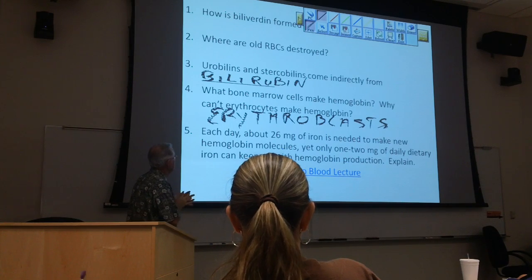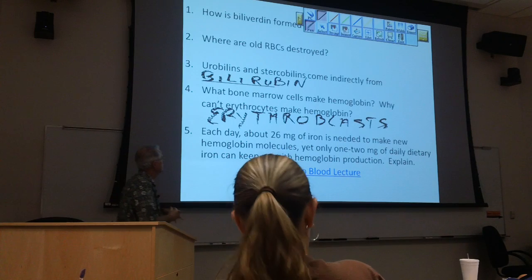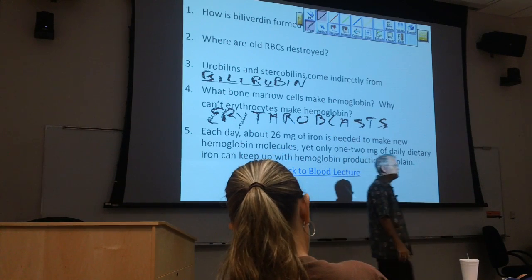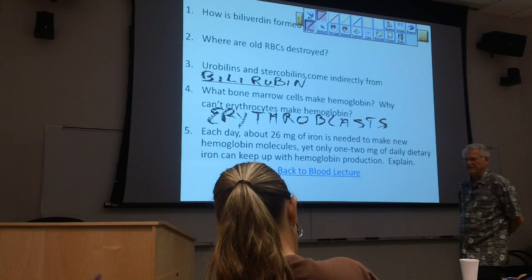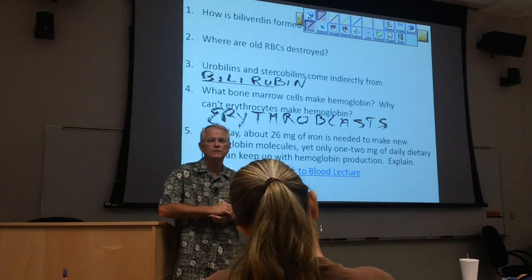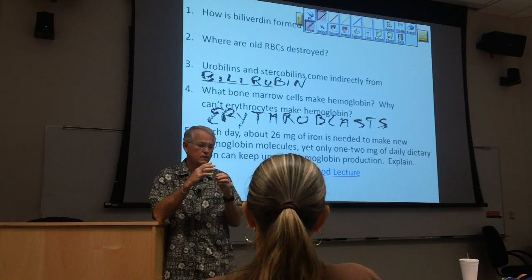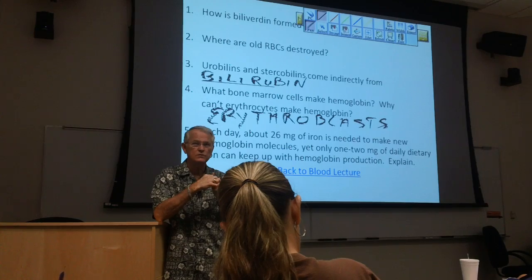Can you explain why that is the case? Because we recycle. You need 26 milligrams, yet only about 2 milligrams are required in your diet. It's from recycling the hemoglobin. Recycling, yes. You store some of the iron that you already had in hemoglobin. Remember, when the heme is digested or broken apart, the iron is transferred to storage proteins.